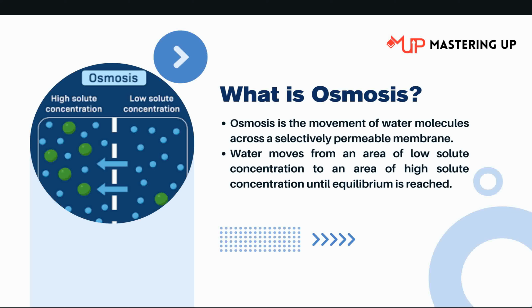The water molecules naturally move from the side with lower solute concentration to the side with higher solute concentration, aiming to equalize the solute concentrations. This movement of water is vital for maintaining cellular structure, providing nutrients, and balancing fluid in organisms.